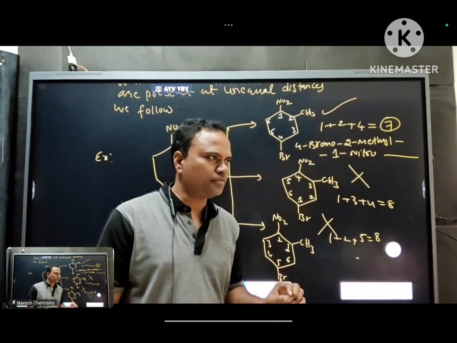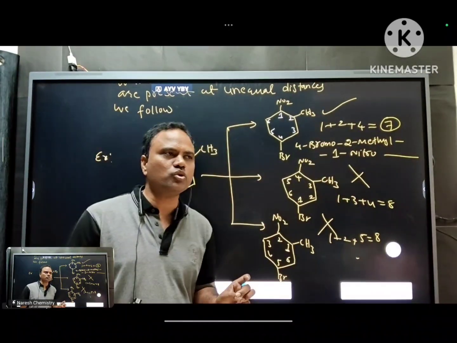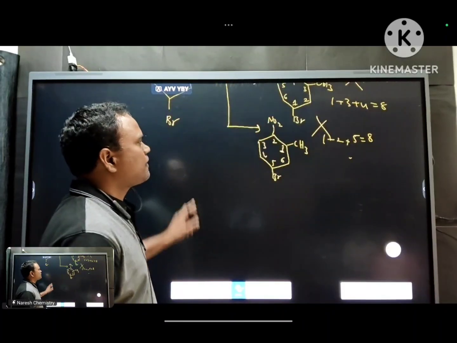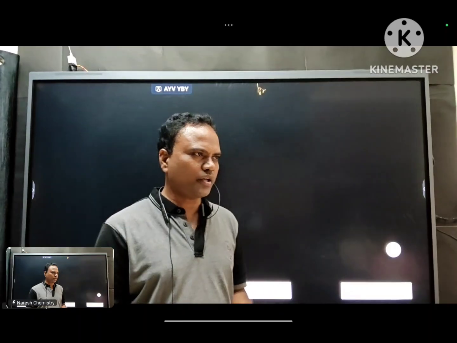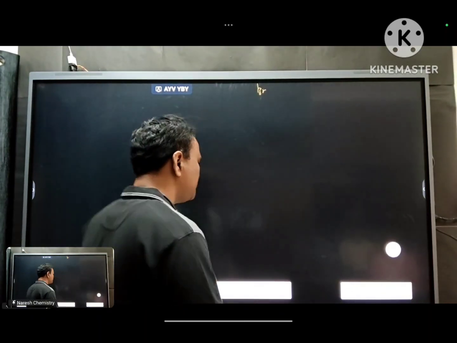The lowest locant rule, or least sum rule, is also called the lowest locant rule. And another rule: when the same substituents are present 2 times, we use di, 3 times tri, then tetra, penta.